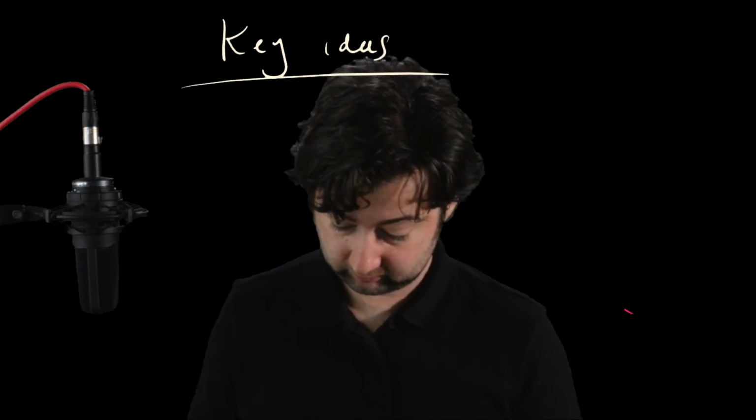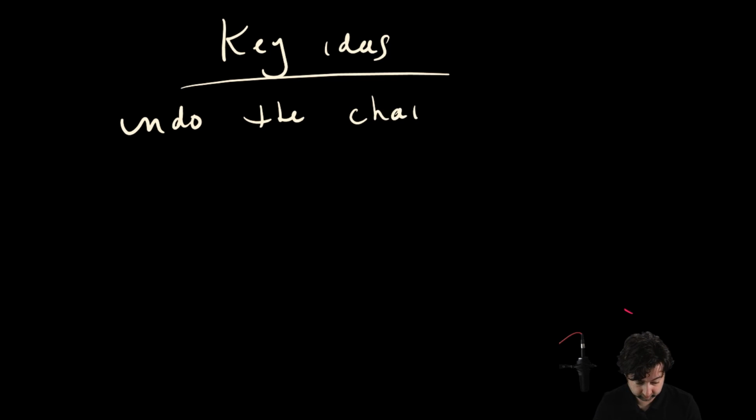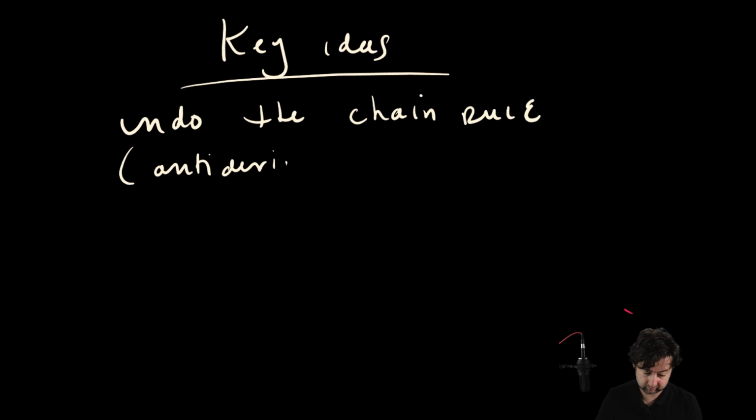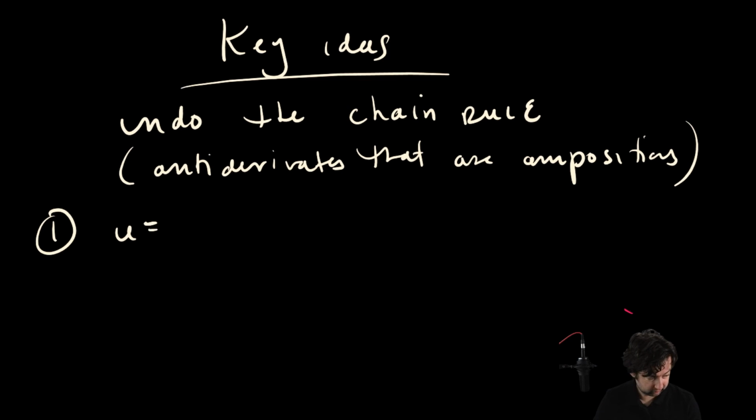So the key ideas here are as follows. One, we are undoing the chain rule. What we mean by undoing the chain rule, if you want to be more technical, is that we are finding antiderivatives that are compositions. So u is equal to g of x.